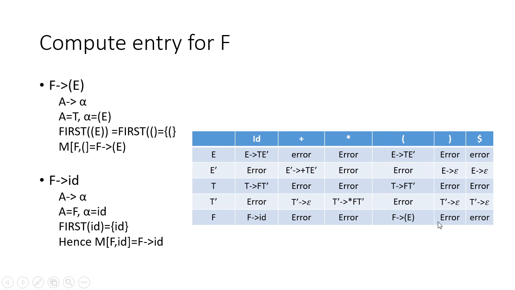So this is how we compute the table. It is very important that you know how to compute first and follow. Once first and follow are computed, you have to know how to put them in a table, and finally mark all the empty spaces in the table as errors.